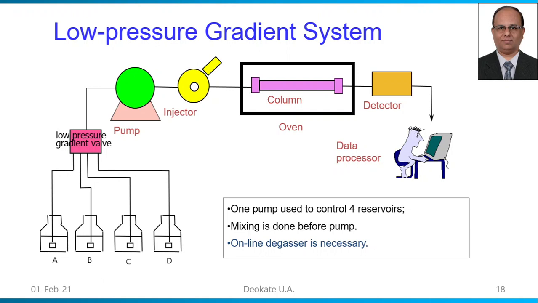The remaining system is the same: injector, column oven, detector, and readout system. Here the most important point is that one pump is used with four reservoirs. Therefore, it is called a quaternary gradient low pressure system. Mixing is done before the pump, so it requires an online degassing system to avoid the entry of dissolved gases.